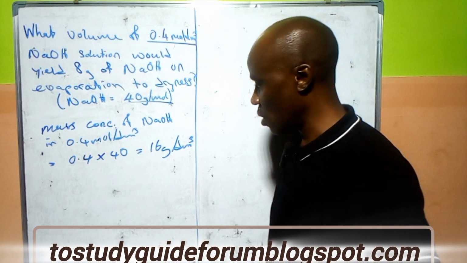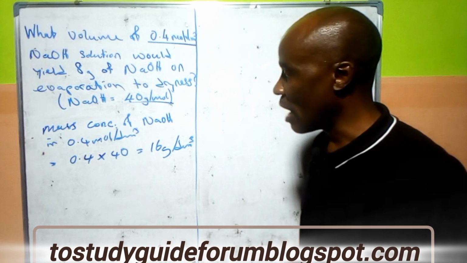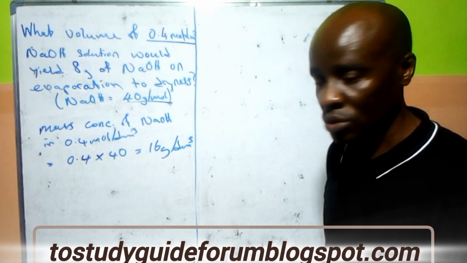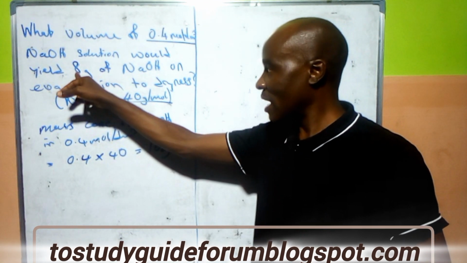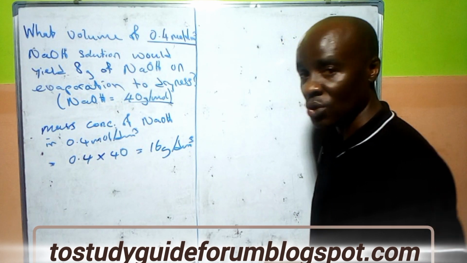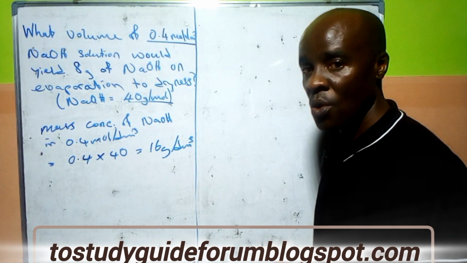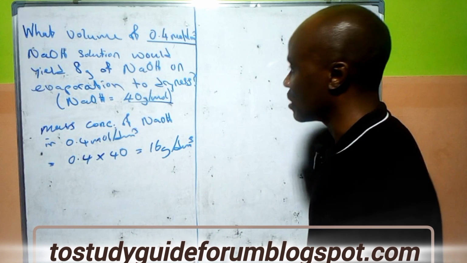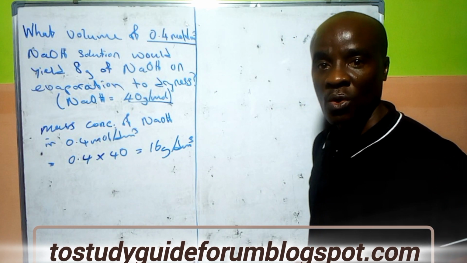So we have this. What are we going to do now? We are going to calculate what we are asked to do. We know that this 16 grams is contained in 1000 cm cube or 1 liter. But now we'll be looking at it in cm cube.